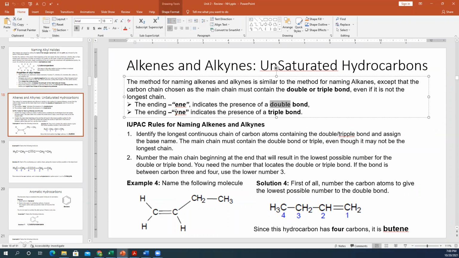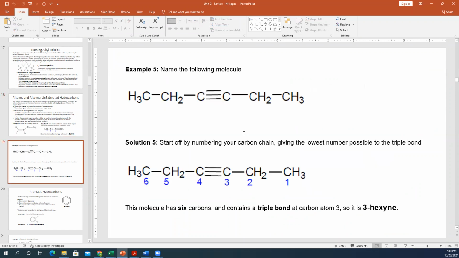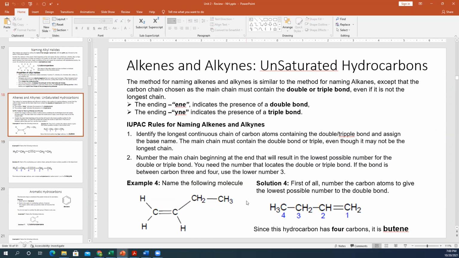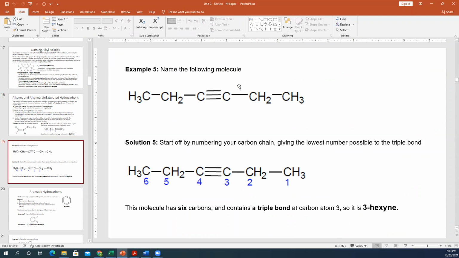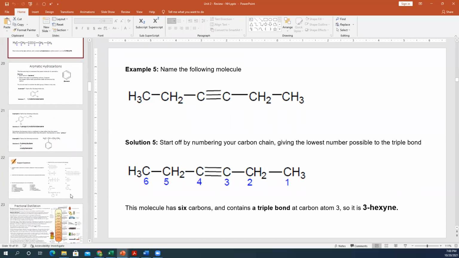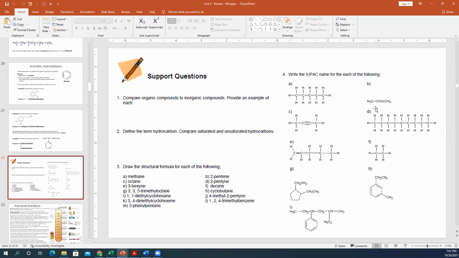The ending "yne" indicates the presence of a triple bond. So for example, this would be butene. For example, this would be hexyne because of its triple bond. So this would be propene, right?